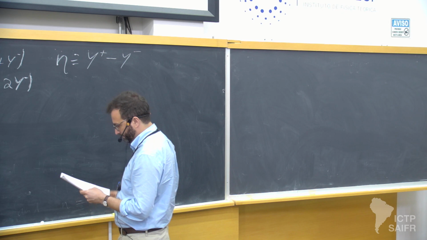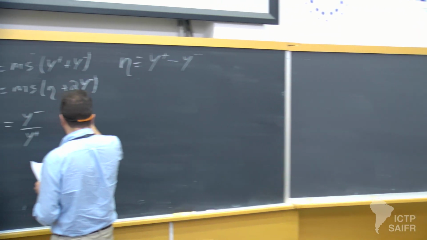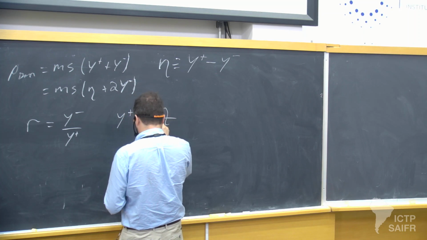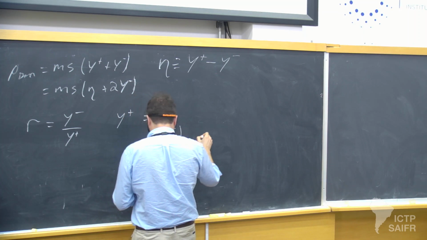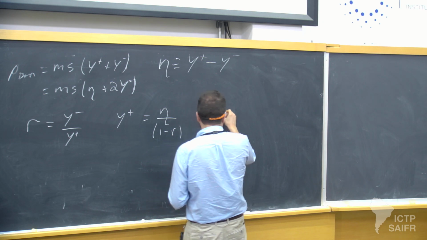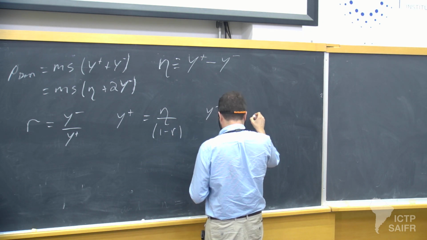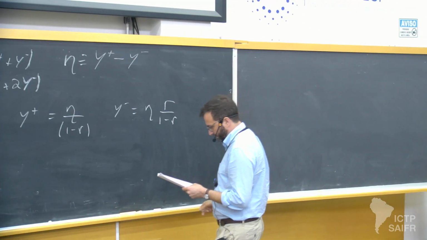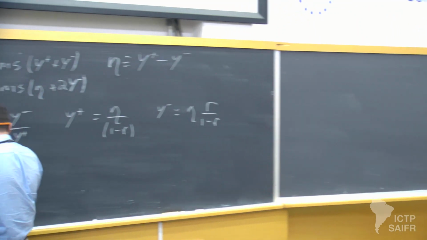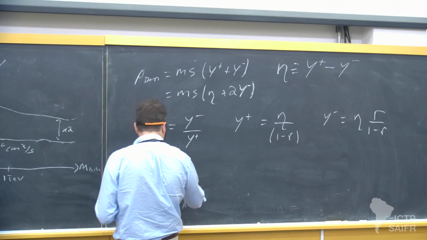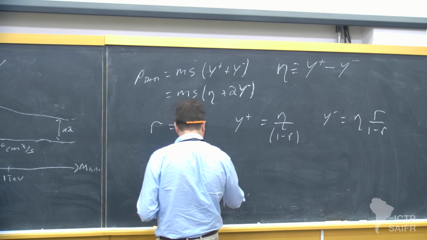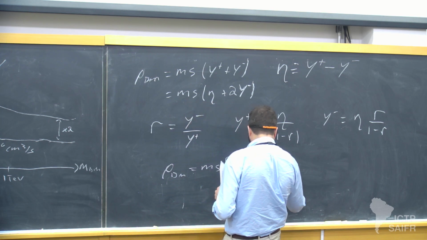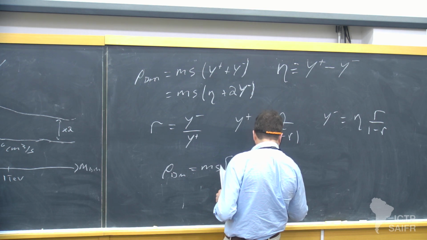Okay, so then just a rewriting here, this will come in useful later. Y plus is just going to be eta on 1 minus r, and y minus is going to be equal to eta r on 1 minus r. Okay, and rho dark matter will just be m eta plus 2 eta r on 1 minus r.